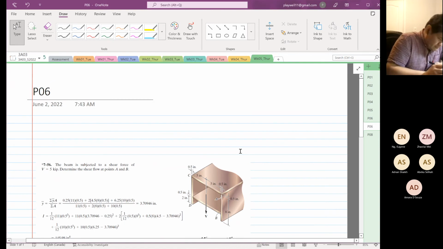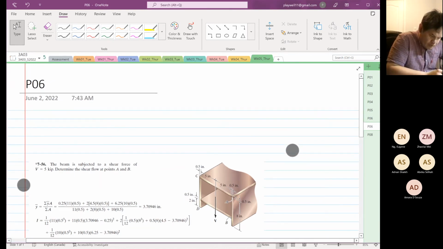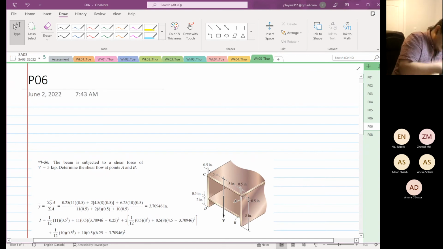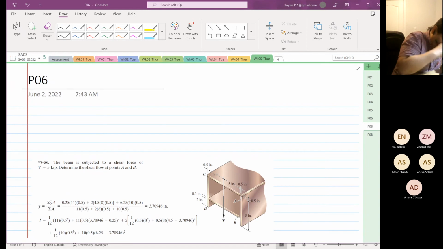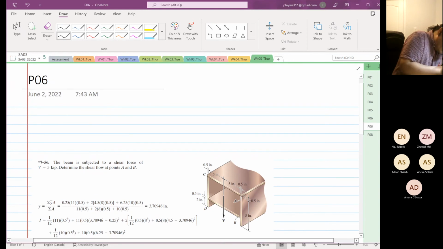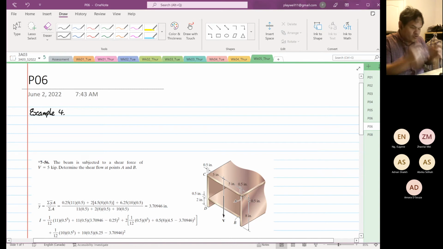So what we're going to do now? This one is slightly different. So this is an example. I will not do the whole thing. I'll just elaborate the point, because we still have to obey the 6 rules that I've written up for you.